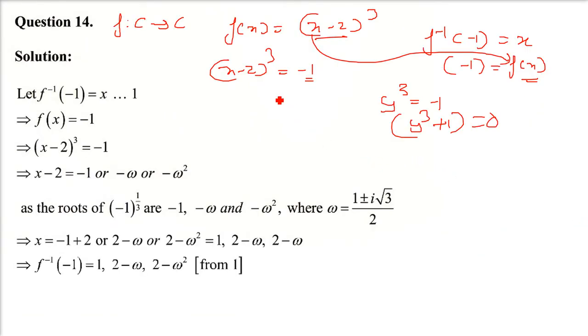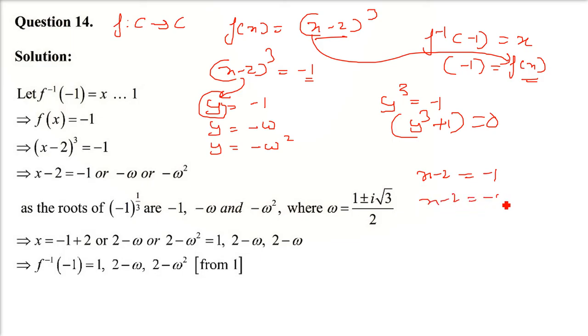So basically x minus 2, if you assume it to be some variable y, y came as minus 1, minus omega and minus omega square, right? But y we assumed as x minus 2, so you have to replace y with x minus 2. So x minus 2 equals minus 1, x minus 2 equals minus omega, and x minus 2 equals minus omega square.